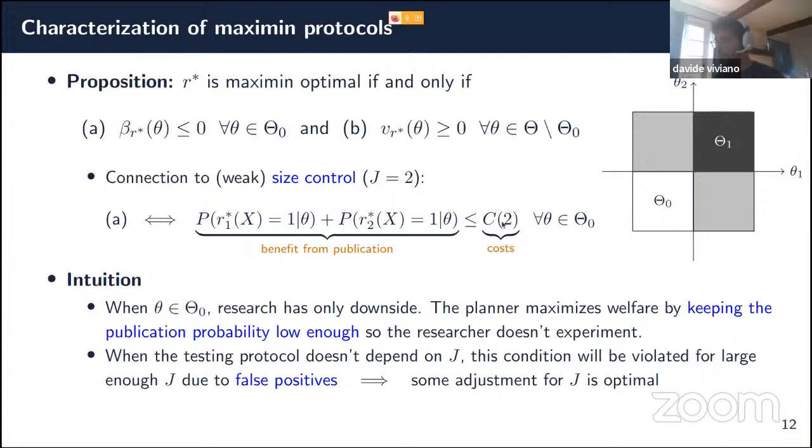Now, if the cost does not increase in the number of treatments, what this implies is that we need to impose a more and more stringent control of size as the number of treatments increases. That naturally justifies multiple hypothesis testing adjustment whenever the cost is fixed with the number of treatments. However, if the cost increases with the number of treatments, then there is some trade-off of whether we want to induce some multiple hypothesis testing adjustment or not.